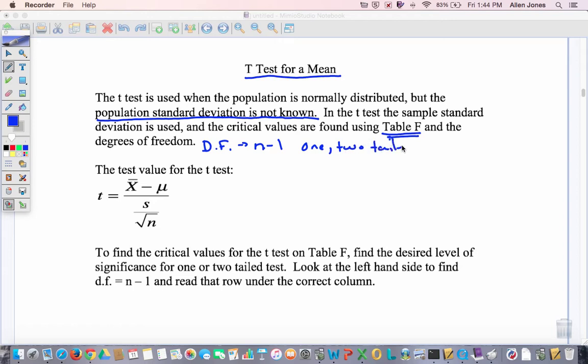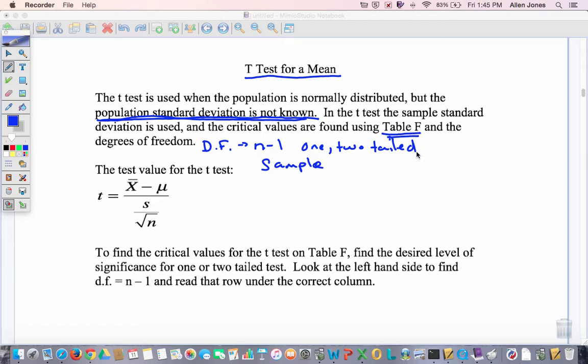So that's the big difference here. As we read through a problem, we look to see whether or not we know the population standard deviation. If it's not known, that means we will know the sample standard deviation, and we'll use that, but that sample standard deviation alerts us to use a different table, table F, for our critical values there in step number 2.